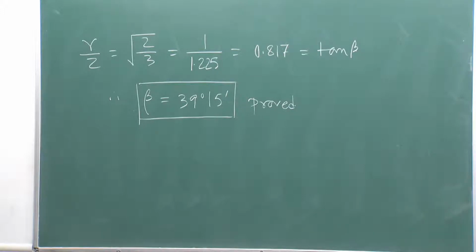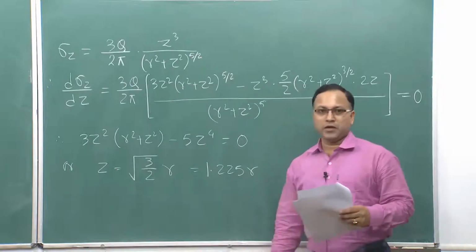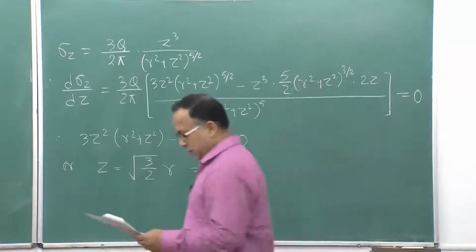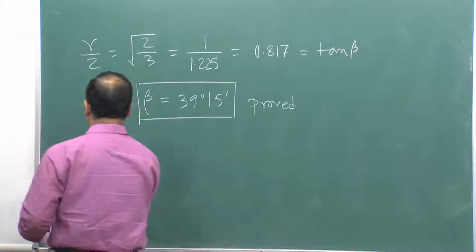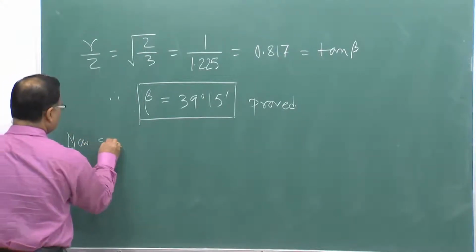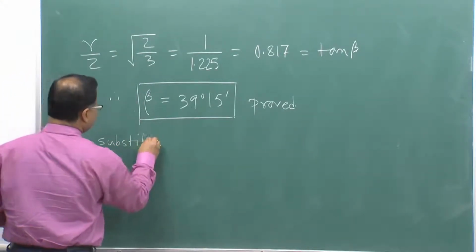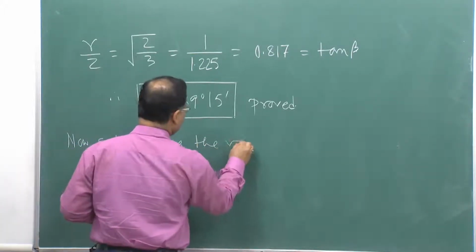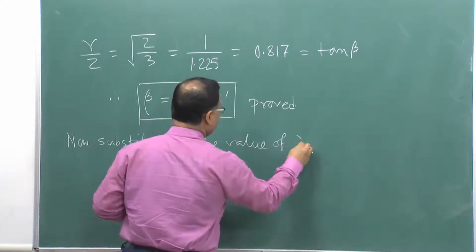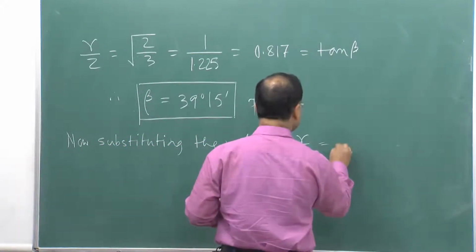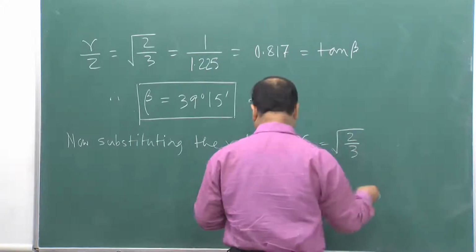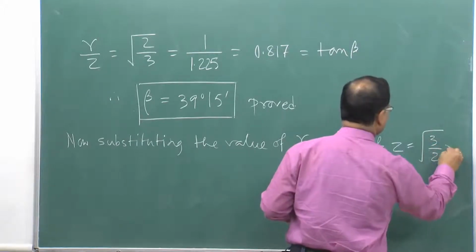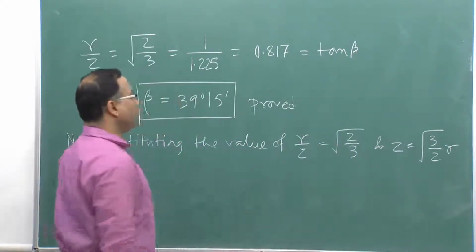Okay. Now, what are the things you need to find out? You need to find out the maximum normal stress and shear stress at that point. Okay. So, now substituting the value of r by z is equal to root over 2 by 3 and z is equal to root over 3 by 2 r.